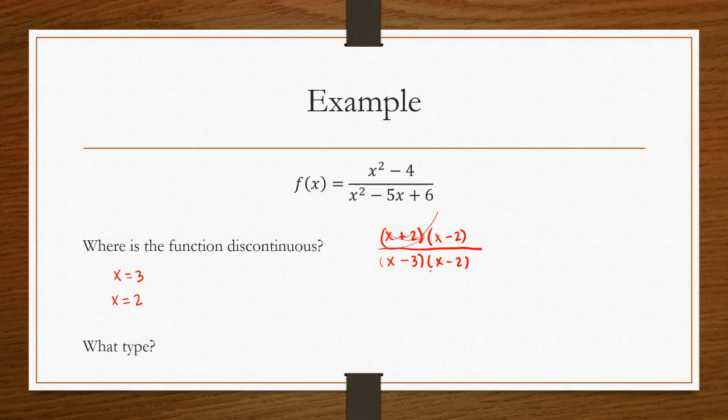The difference is that at x equals 2, if I take the limit as x goes to 2, it has a value. It has a value of 4 over negative 1. It has a value of negative 4. So at x equals 2, that discontinuity is a hole.